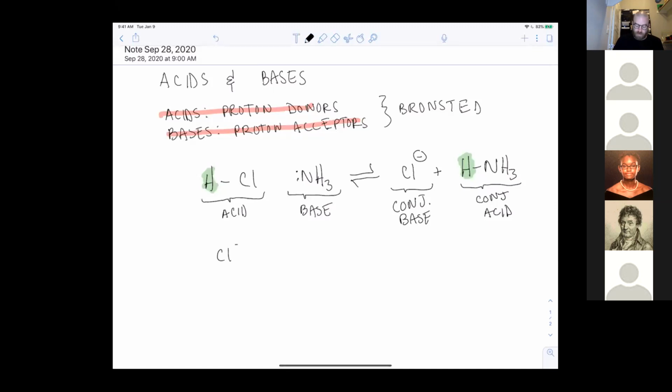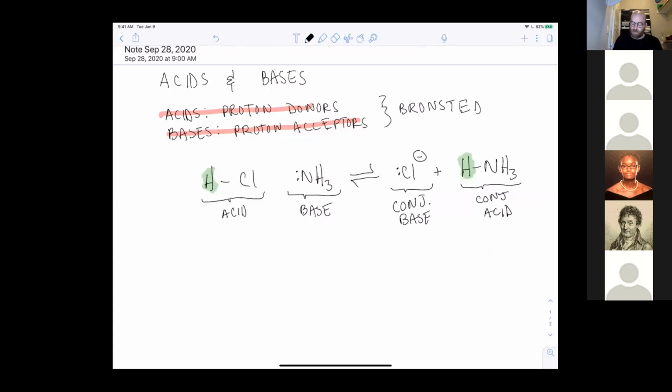Let me go ahead and write it in reverse. All I've done here is flip the reaction around since it's reversible. Actually, I think that probably makes things more confusing. Just imagine that the thing is running backwards.